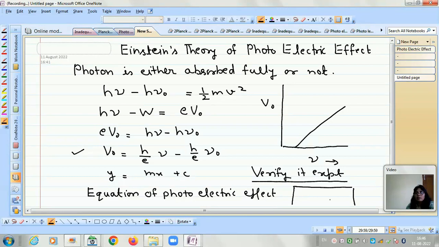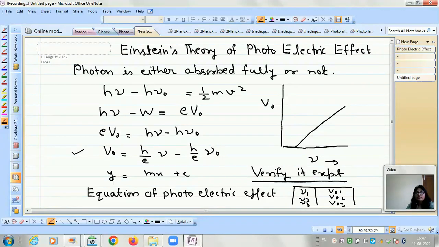So in the experimental setup of the Millikan experiment, what we have to do is change the frequency nu1, nu2, nu3, and note down the corresponding stopping potential experimentally, V naught 1, V naught 2, and V naught 3. Then we will plot the curve between nu and V naught, and if we get a straight line, it means we are verifying the equation of photoelectric effect.